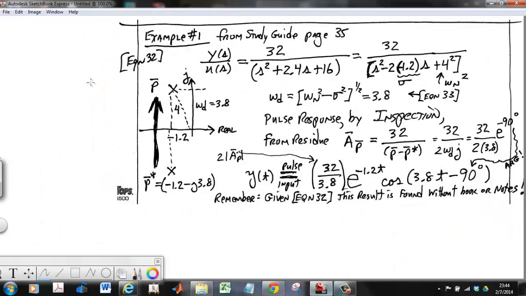So as a test to see if you understand, what would the response be for a step input instead of a pulse? Well, how would I solve that? Well, I know a step input basically is going to add a pole at the origin, like so. So if I wanted the response to a step input, then my residue that I'm going to evaluate at the first pole is going to be equal to 2 phasors.